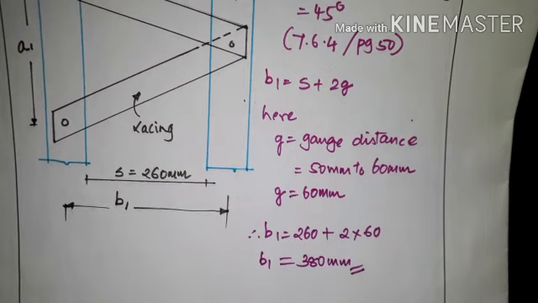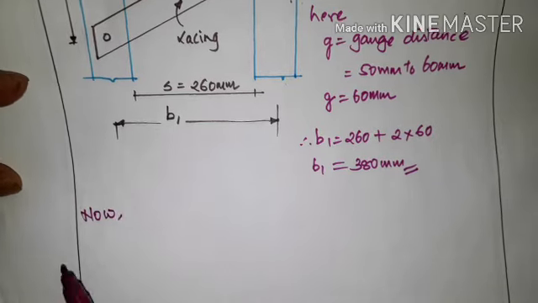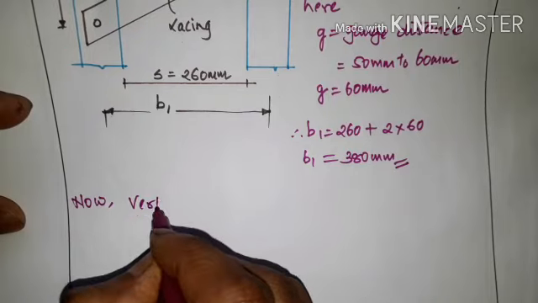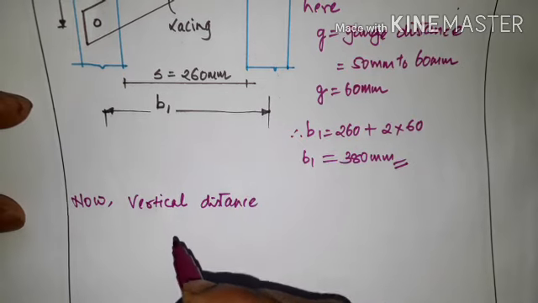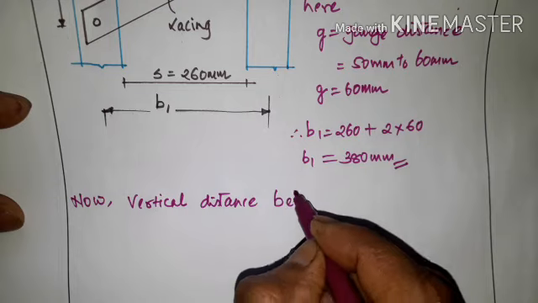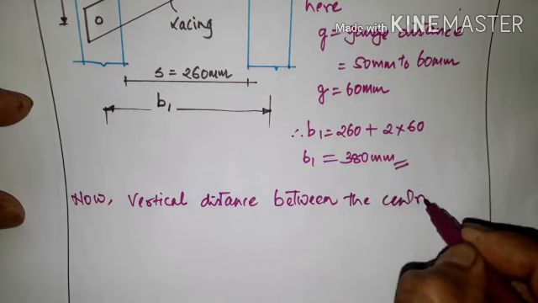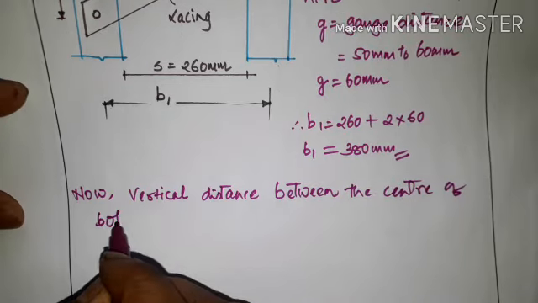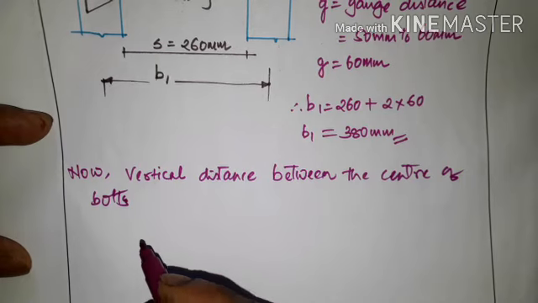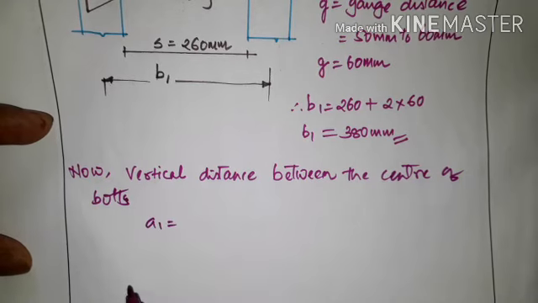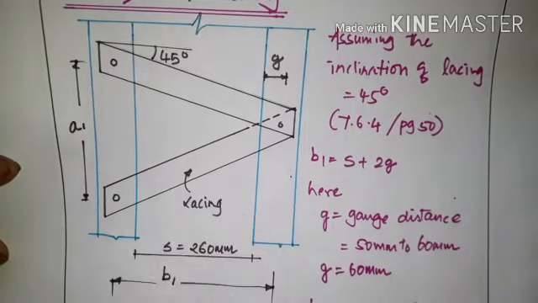Now this is the horizontal distance. Now the vertical distance between the centers of bolts, that is A1, is equal to 2 times B1.